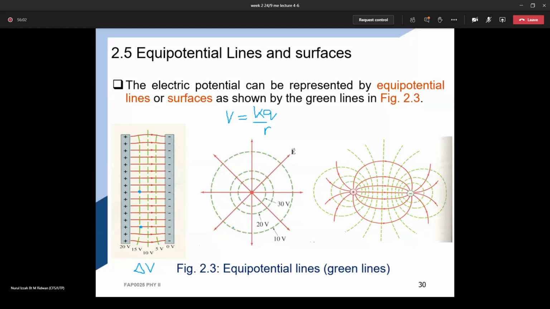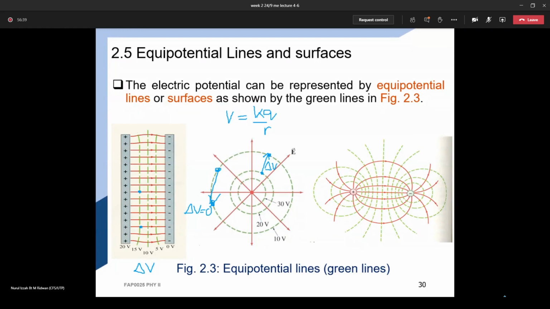All these lines show the potential is the same, unless the charge is moving from a certain distance, from this point to this point, or from A to B. In this case you will have delta V. But if it is moving from here to here, for example, your delta V will be equal to 0, and that line is what you call an equipotential line as well.